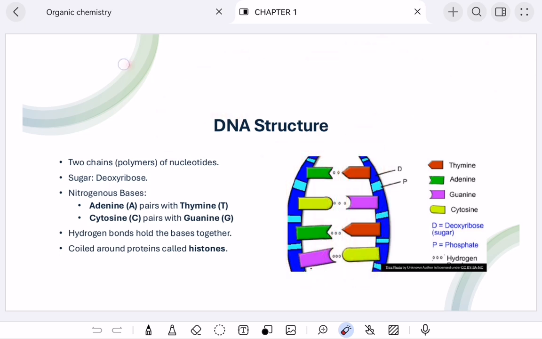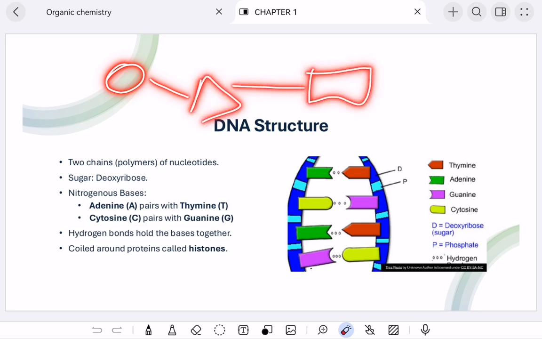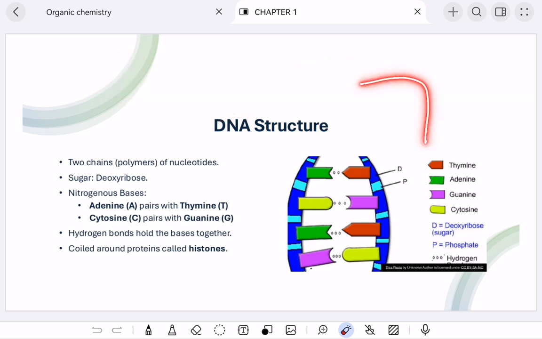And if you still remember the structure, we have the phosphate ion, the sugar portion, and the nitrogenous bases, which are these guys over here.